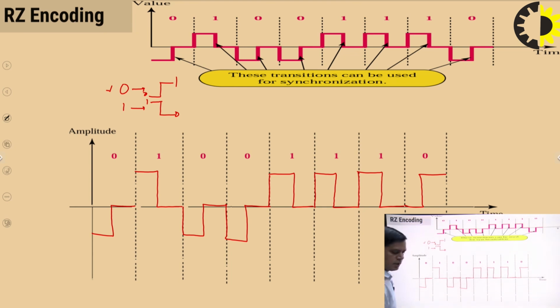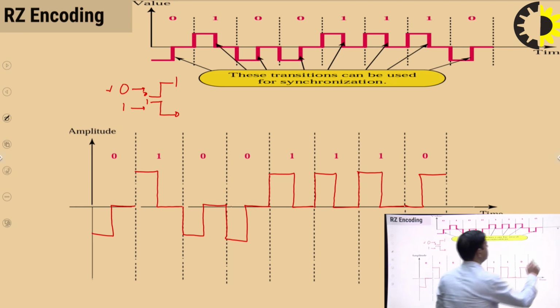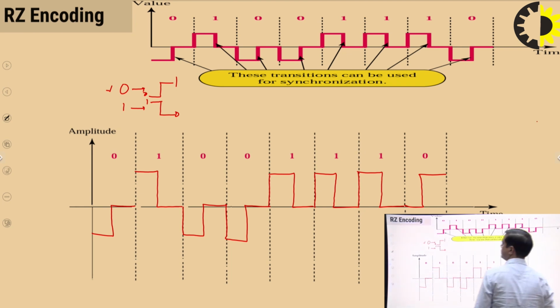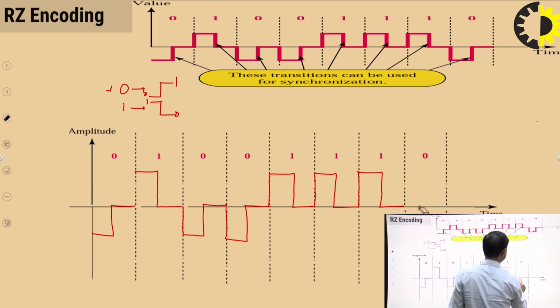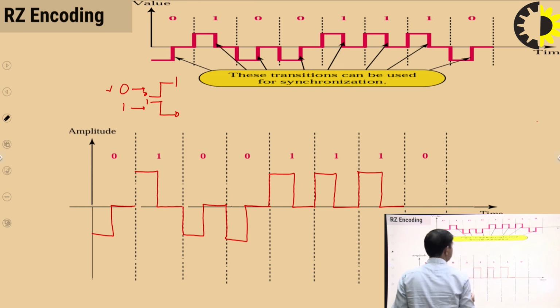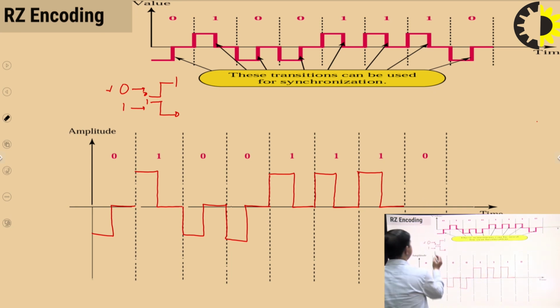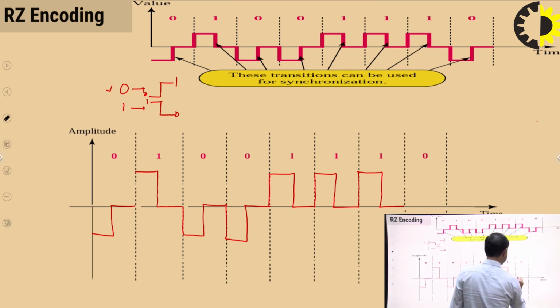Okay, I have made some mistake and I'm correcting this. This is not the case. In case of 0, we have to start from 0 to 1. That means first of all we will come down here.